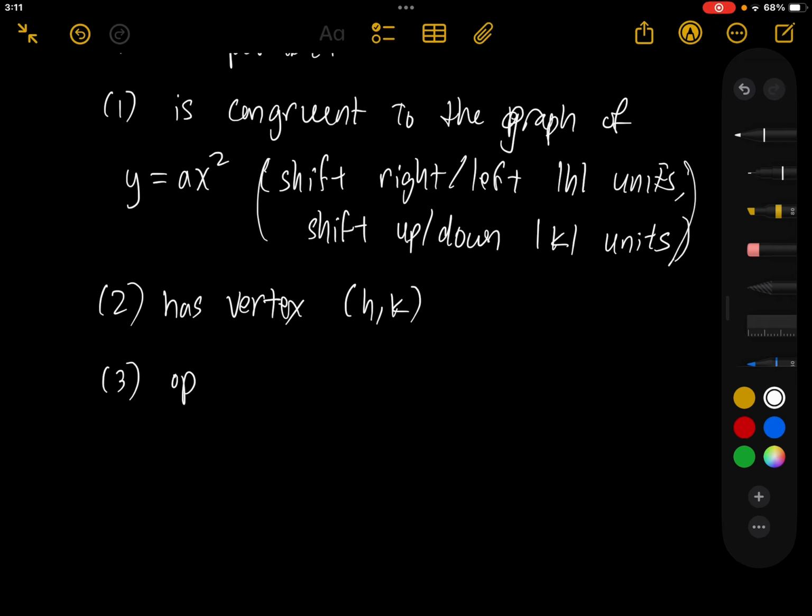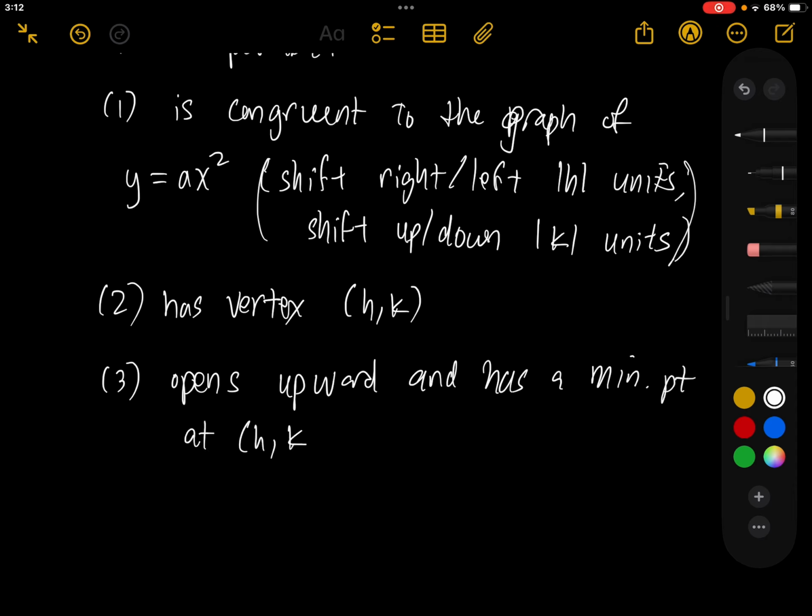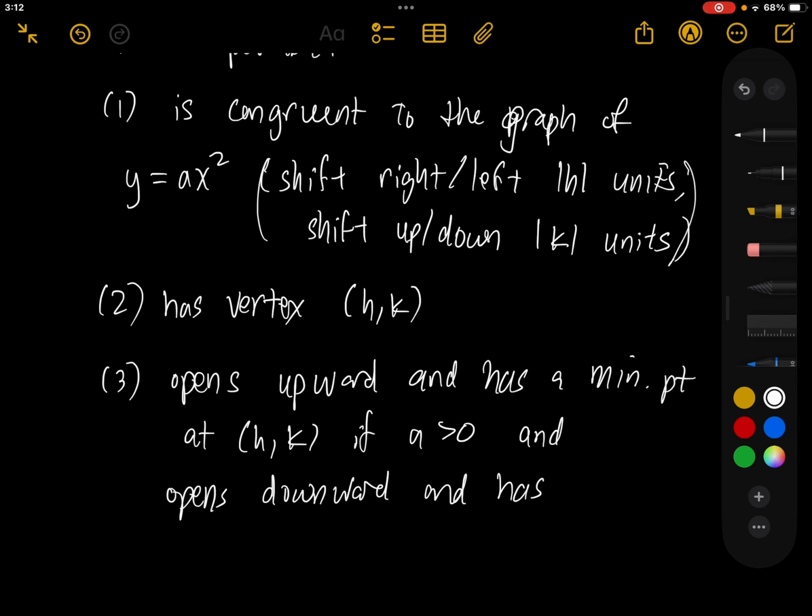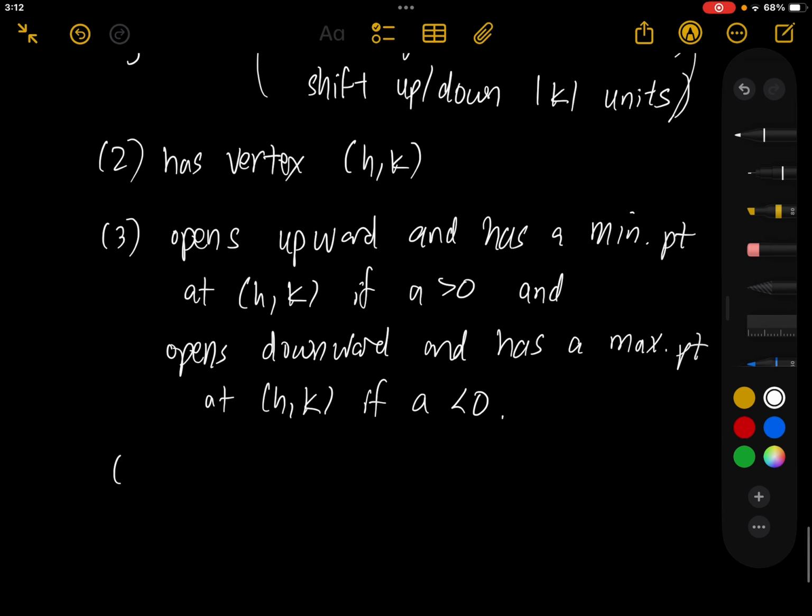And we kind of already wrote this above, but the parabola opens upward and has a minimum point at the vertex h comma k if a is positive, and it opens downward and has a maximum point at h comma k if a is less than 0.